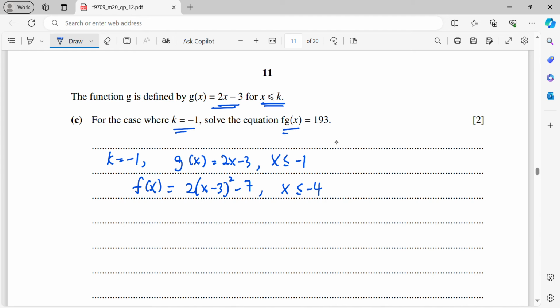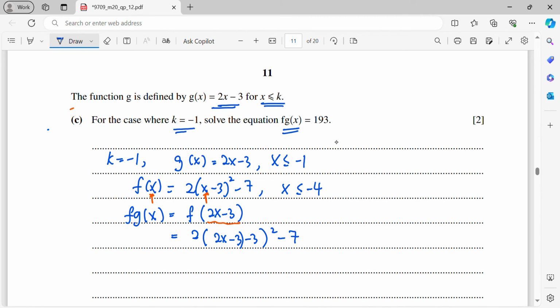Now to get fg(x), this is basically the composite function, meaning f of g(x). My g(x) is replaced by 2x − 3. When you compare here, this is f(x), and here is f(2x − 3). That means the x on the right side must be replaced by 2x − 3. So here I will be getting 2 of (2x − 3) to replace the x, then another −3, squared, and −7.